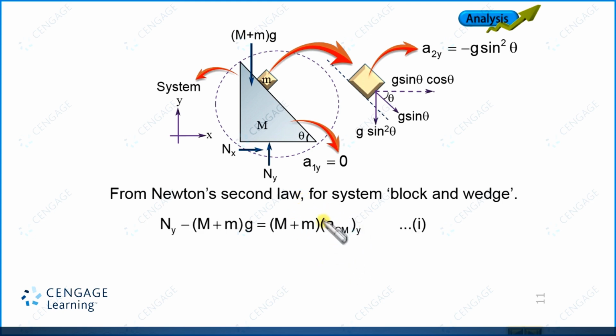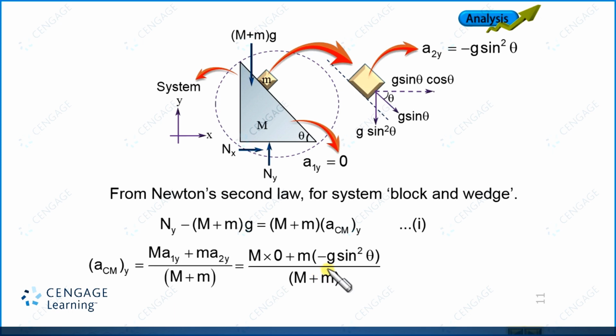Okay, this is ACMY. Now let us calculate the ACMY. ACMY includes the acceleration of capital M in the y direction plus small m multiplied by the acceleration of this block in the y direction, divided by total mass. And we have calculated this value equal to 0 and this value equal to minus g sine square theta. So let us substitute these values. Okay, this will be 0.